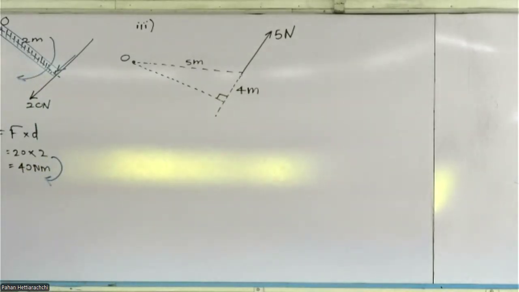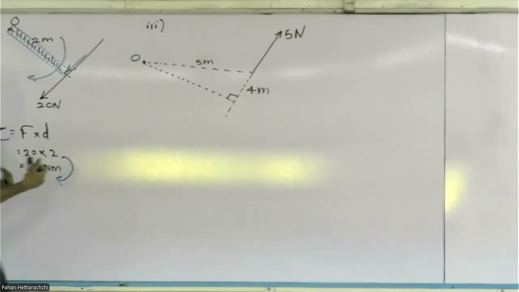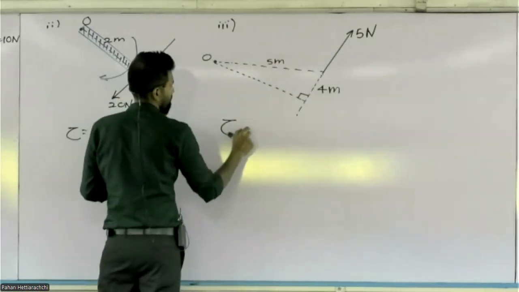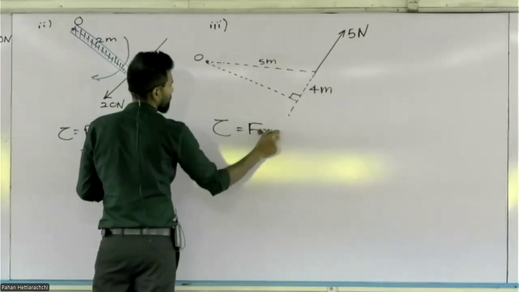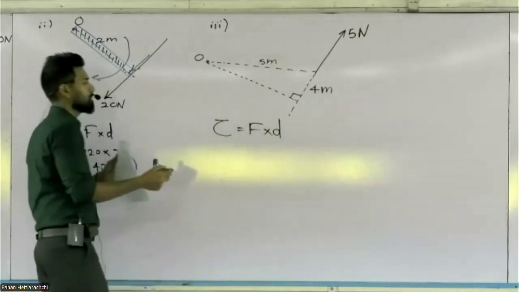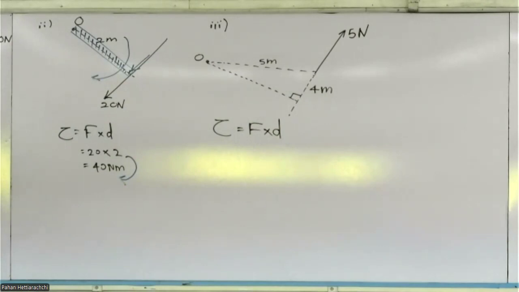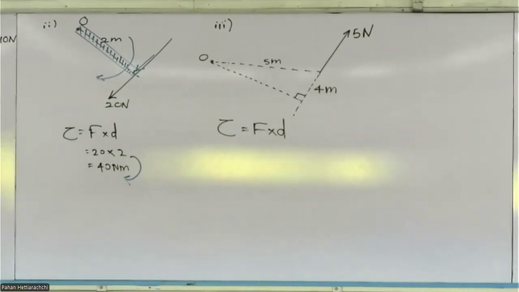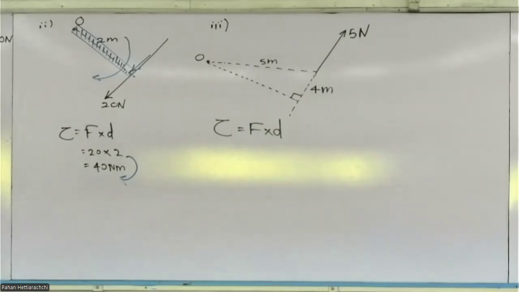Okay. Here I need to show you a special point. What is the moment here? Torque, or the moment, is equal to force into perpendicular distance. So what is the perpendicular distance to the 5 Newton force? Is it 3, or 4, or what? You have to find the perpendicular distance to the force.